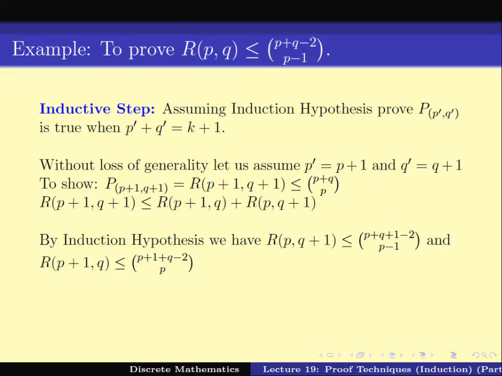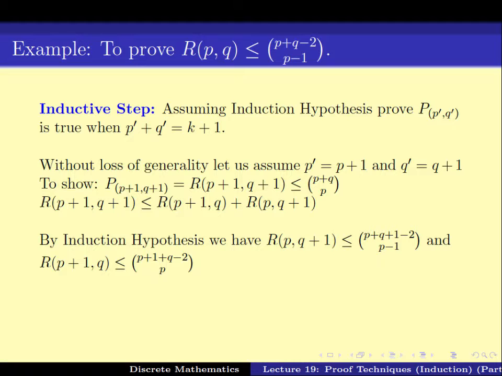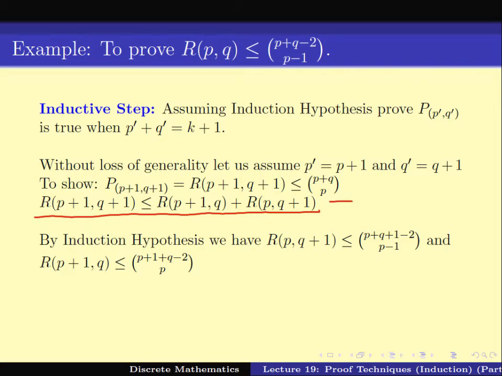Now, by the recurrence, we know that R(p plus 1, q plus 1) is less than or equal to R(p plus 1, q) plus R(p, q plus 1). This is by the recurrence, in the problem definition. And by the induction hypothesis, we know that this is less than this. Why?